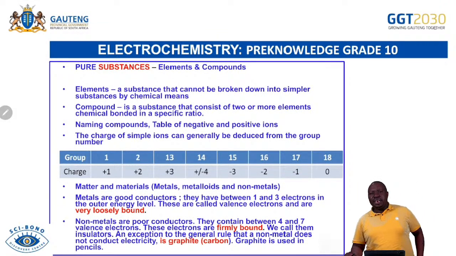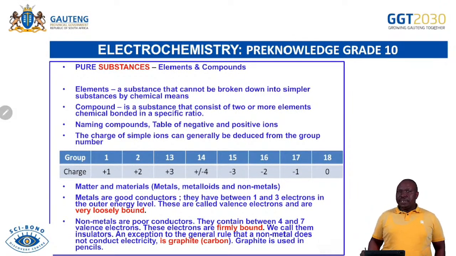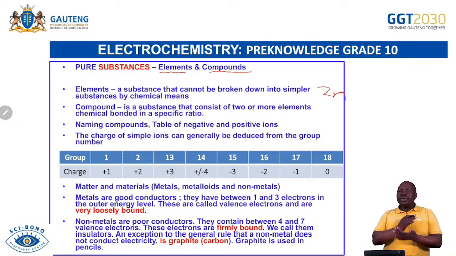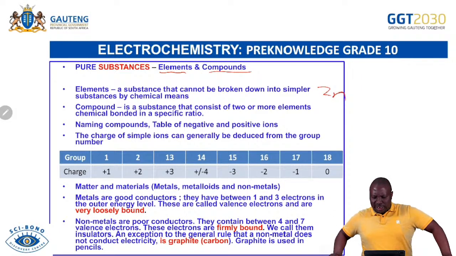Now, in grade 10, remember, you have done the pure substances, which you refer to as elements and compounds, wherein we said elements are substances that cannot be broken down into simpler substances by chemical means. For example, if you are having zinc, it's an element, it's an atom. You can't break it down, so we refer to it as an element.